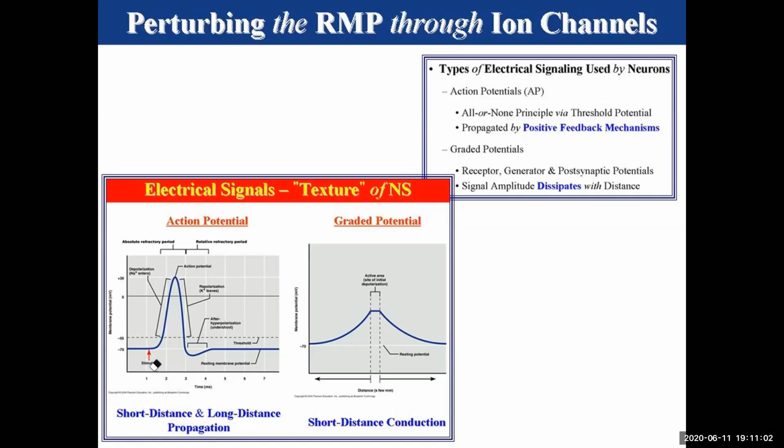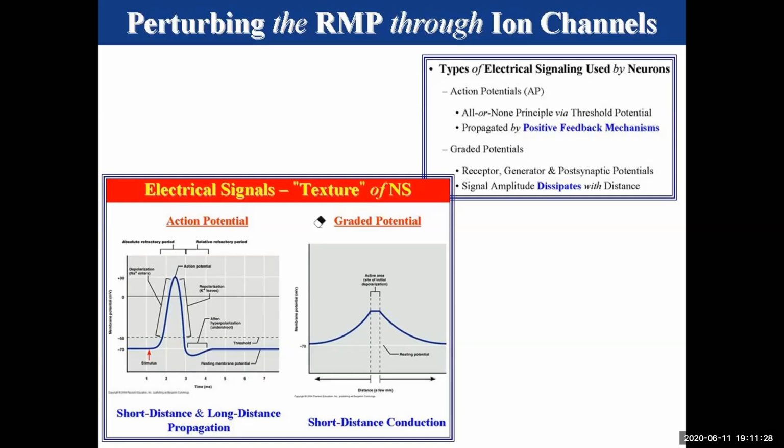It's either 0 or 100%. So it's either no action potential at all or one full-fledged action potential. That we call the all or none principle. We're going to cover that in the next lecture, because the axon hillock is capable of satisfying this all or none principle.